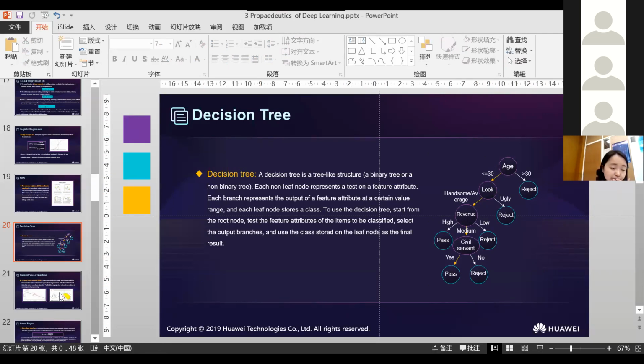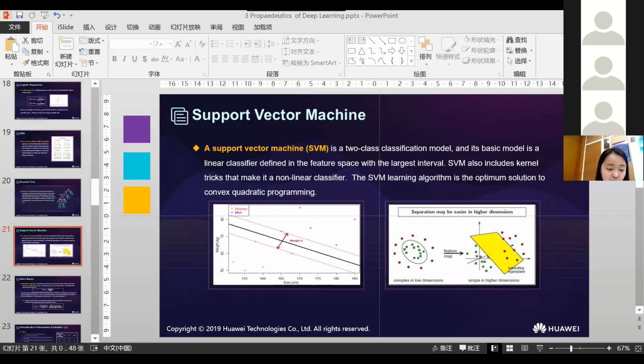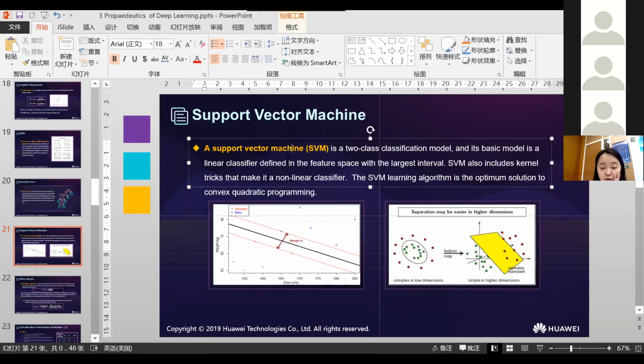And here we would move to another machine learning algorithm. Maybe this is the last machine learning algorithm we're going to talk about, which is SVM. SVM stands for support vector machine.